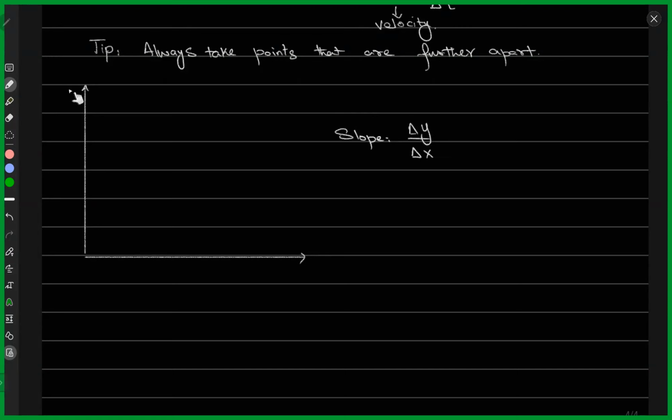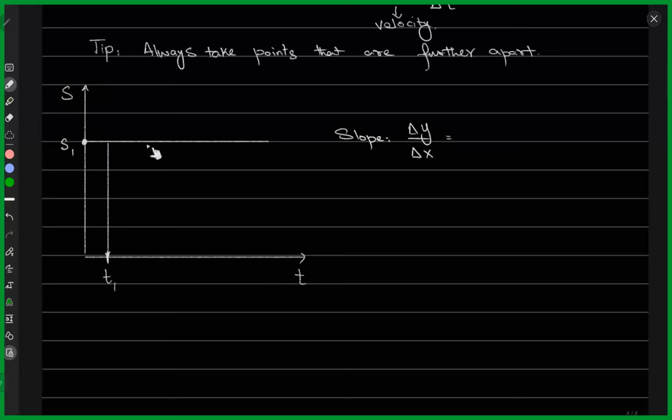For a displacement time graph, it could be 0 if change in y is 0. For example, if you have a graph that looks like this, at this point there is some value of s, let's call it s1.